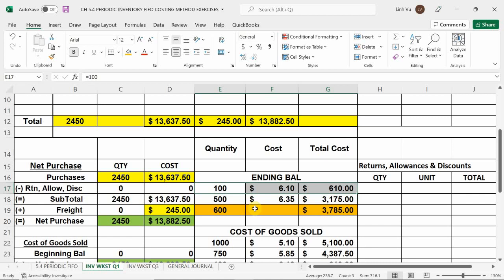Because they're separated in batches, that means we're not going to combine them. We're going to keep them that way, and when we calculate our cost of goods sold, we're going to get rid of these ones first, okay? So that's what we're going to do. We're going to carry these 600 units over into our new inventory worksheet.